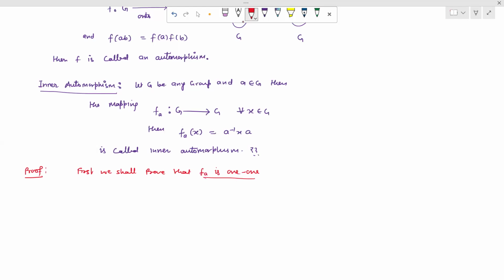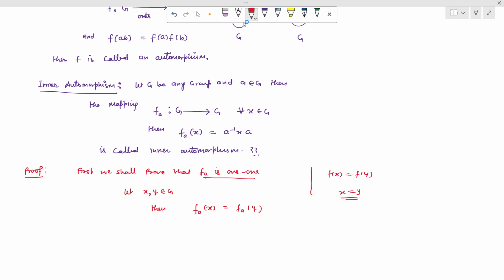For proving f_a is 1-1, we take two elements, let x and y be two elements of group G. Normally when proving a 1-1 function, we take f(x) equal to f(y) and show that x equals y.